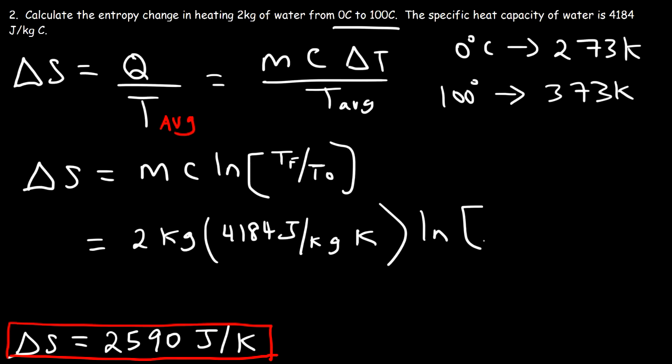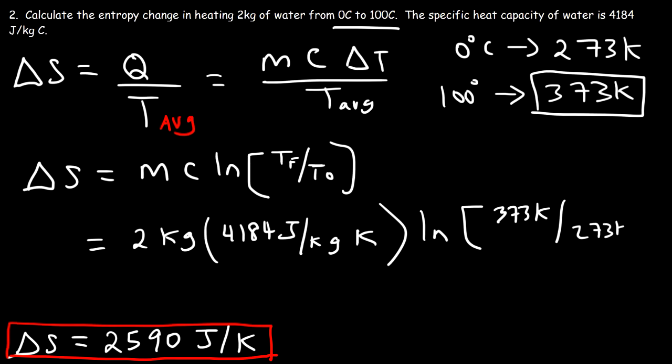And then it's going to be the natural log of the final temperature, which is 373, and this has to be in Kelvin, divided by the initial temperature of 273 Kelvin. And so this works out to be 2,612 joules per Kelvin.